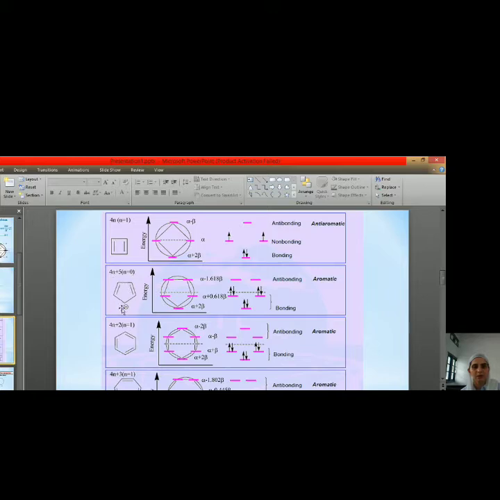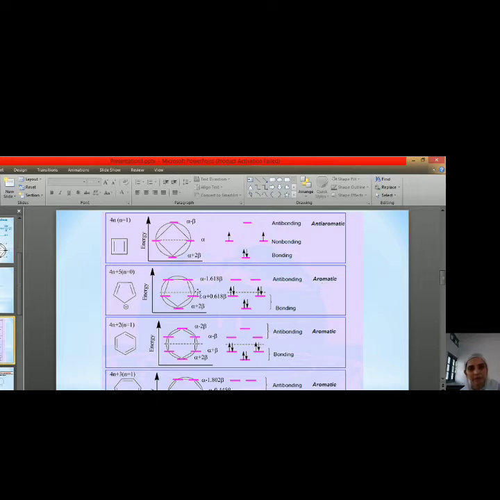Coming to the cyclopentadienyl anion, there are 6 pi electrons, and when we fill these orbitals, we find that the orbitals are fully filled and the system is aromatic. Now mostly we draw these diagrams randomly without using mathematical instruments.